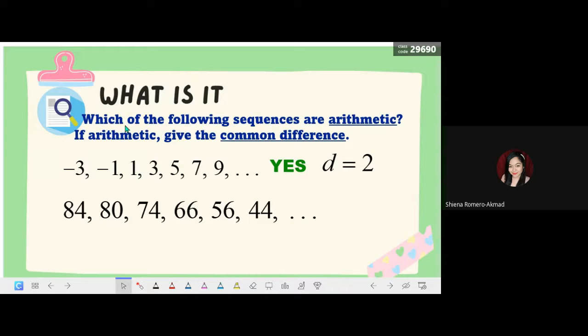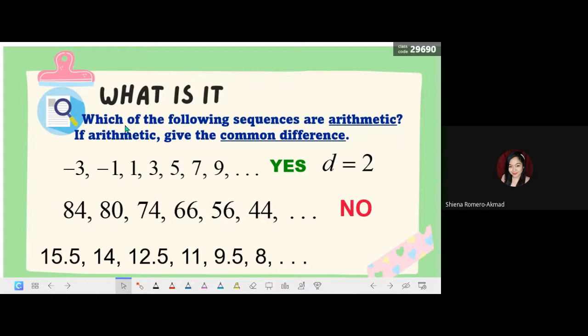Answer nila ay not. At nauna si Mark. So this is not an arithmetic sequence kasi makikita nyo that they don't have a common difference.